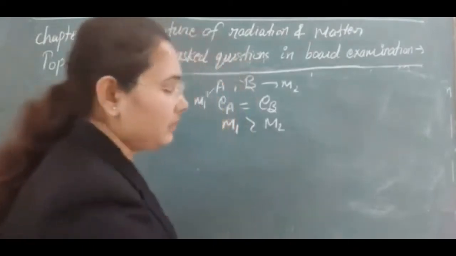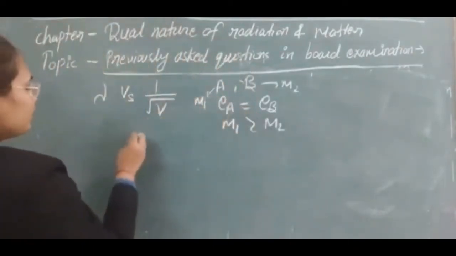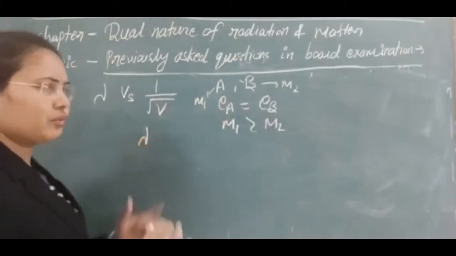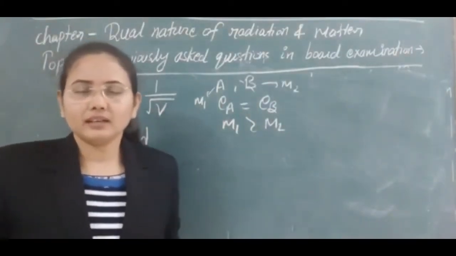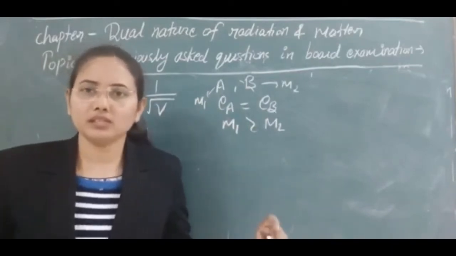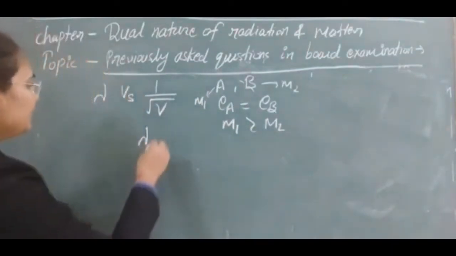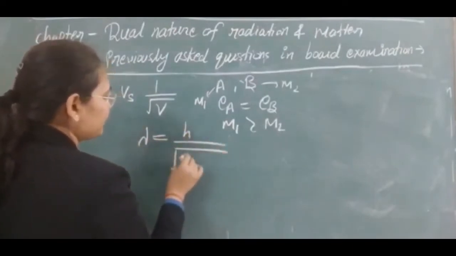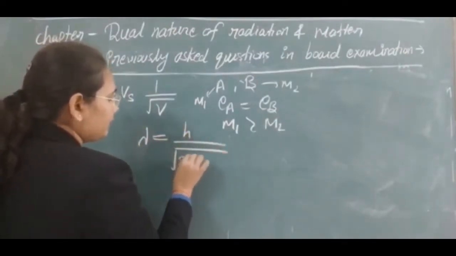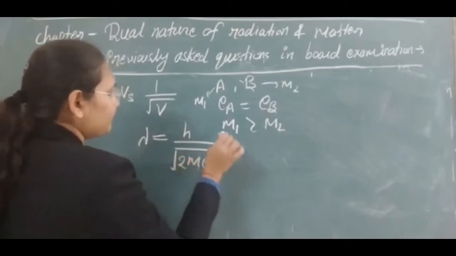As we know, the de Broglie wavelength has many forms, which we have already discussed in classes, so there is no need to discuss it again. If you represent lambda in terms of accelerating potential, it is given by h upon root of 2mEB.